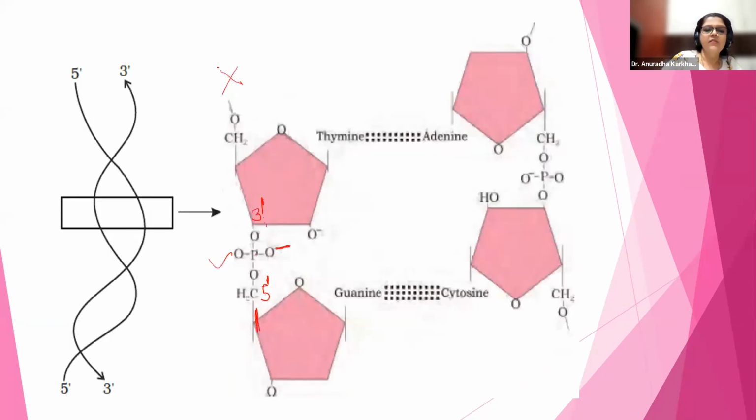See, the 3 carbon over here is not connected with any phosphate group. So the first and the last will be alone. That is why we call this the 5 prime end, which is all alone, and this is called your 3 prime end, again all alone. This is the opposite polarity of DNA, so here the 5 prime end, here the 3 prime end. Okay.